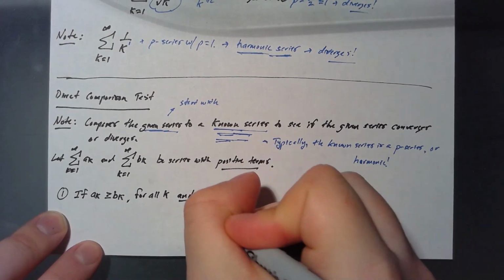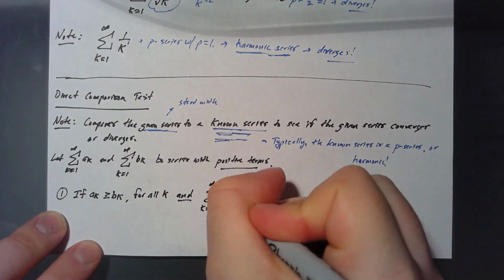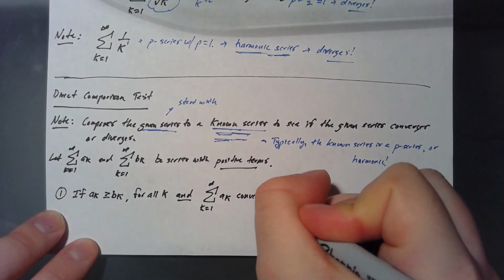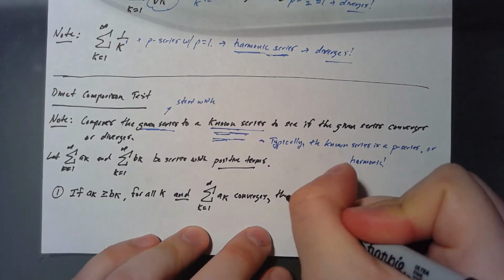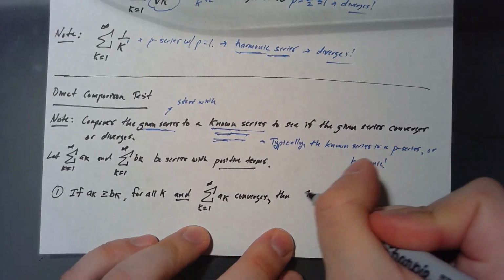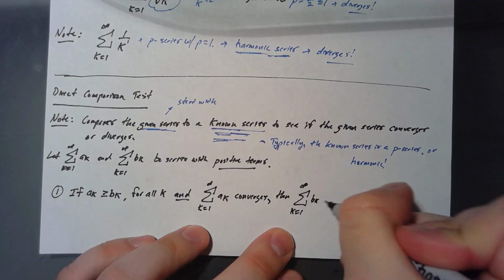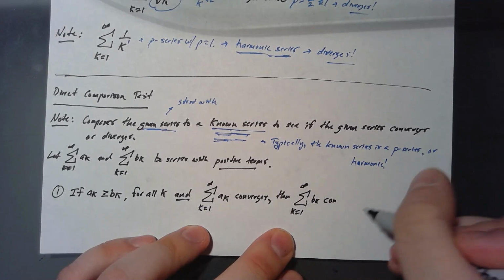In other words, I know that a of k converges. Then I could say, by comparison, b of k also converges.